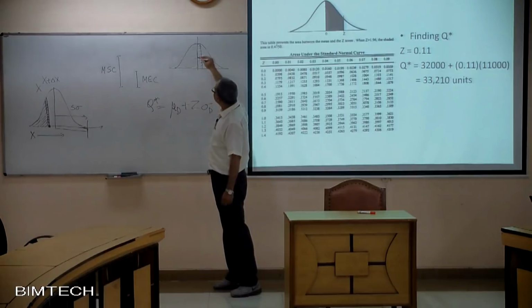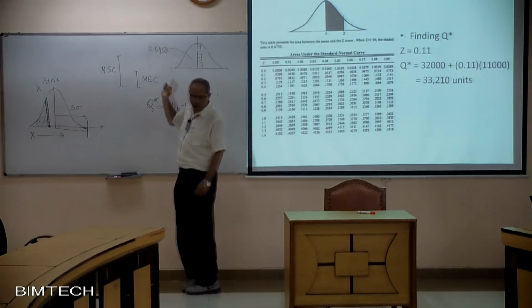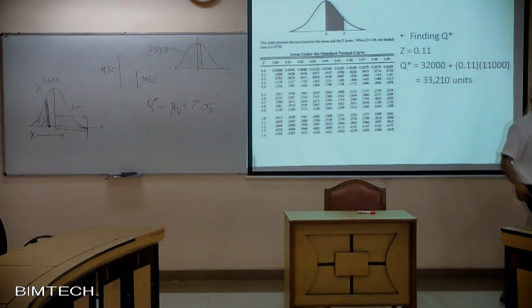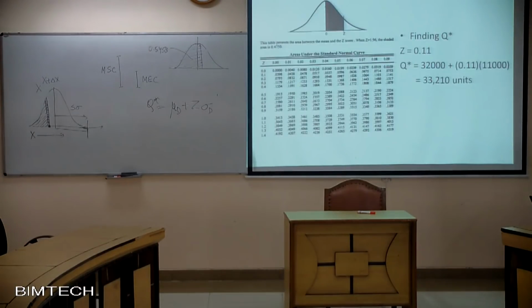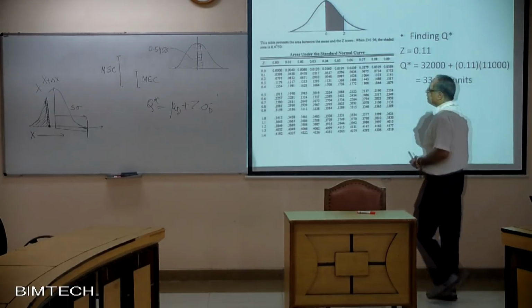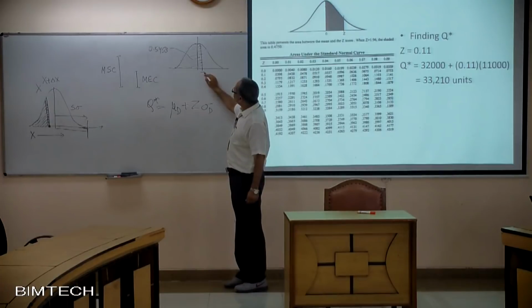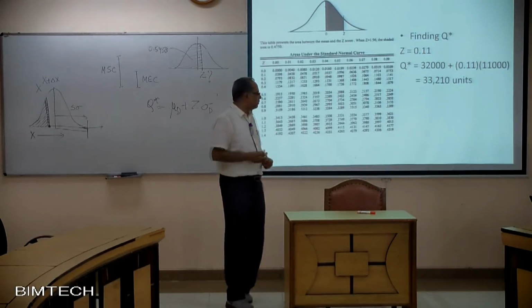Let us say this area is 0.5458 or so. Let me just check the value again, 0.5458. Yeah, so that is 0.5458. Okay, so I want to find out what is the Z value corresponding to 0.5458.